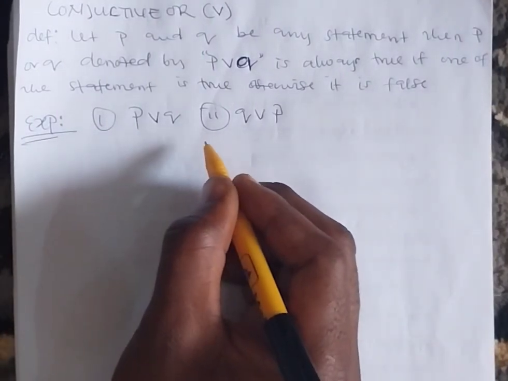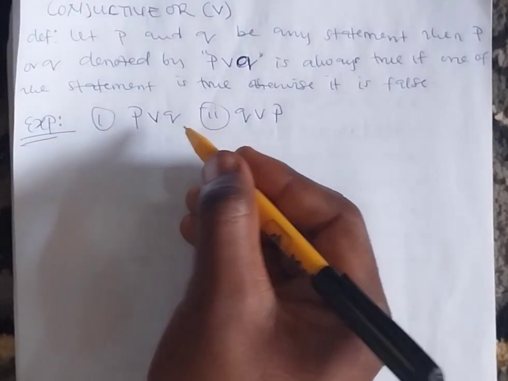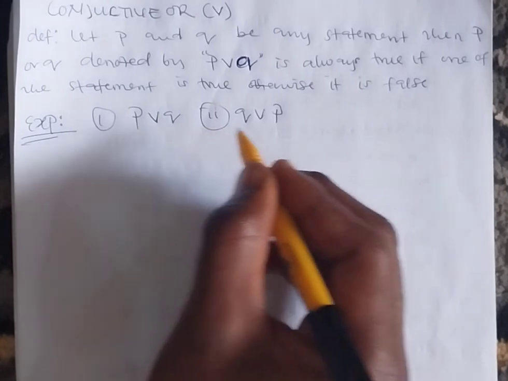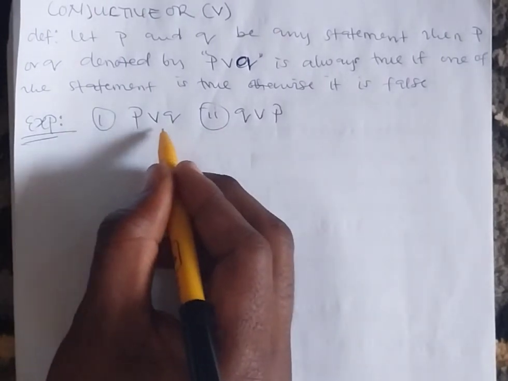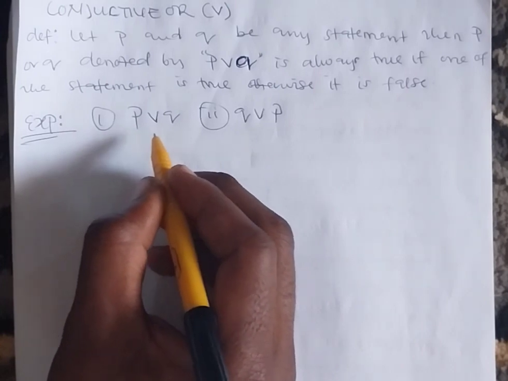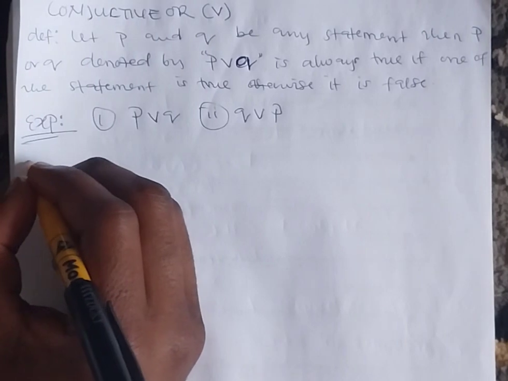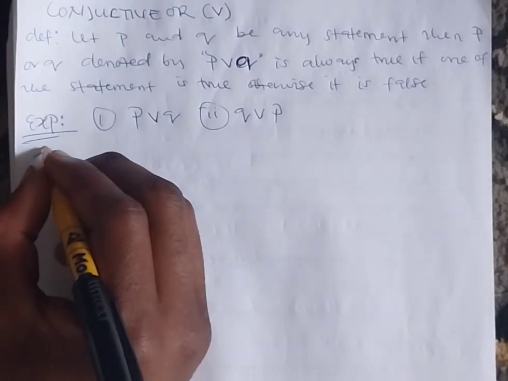How many statements are you given? In order to know the number of statements, you need to check the letters. Here we're given P and Q, so we have just 2 statements, and in order to get your truth table, use 2 raised to the power of what?